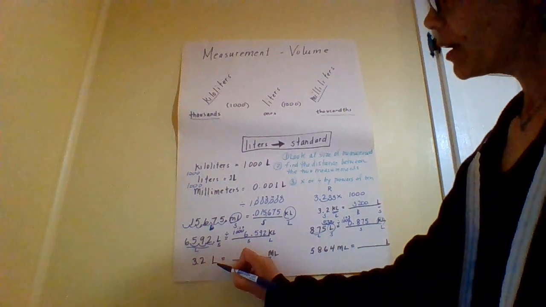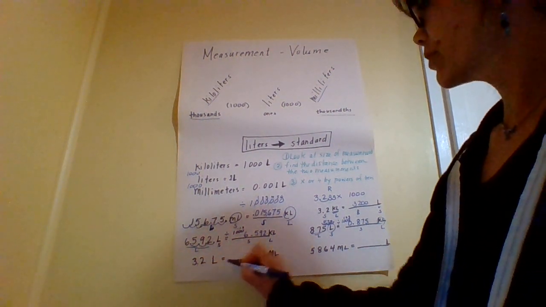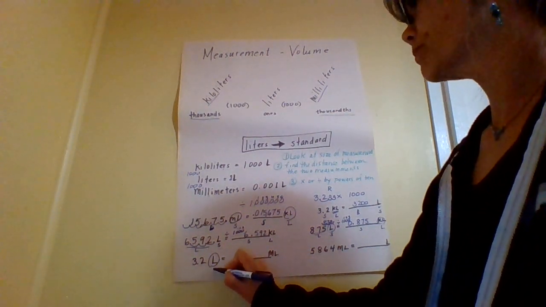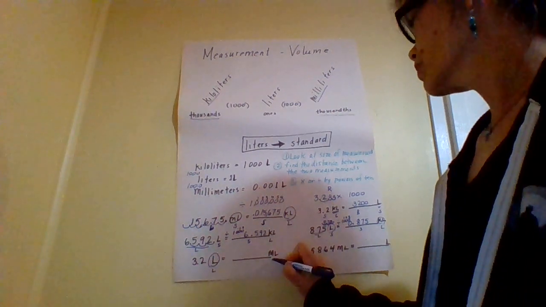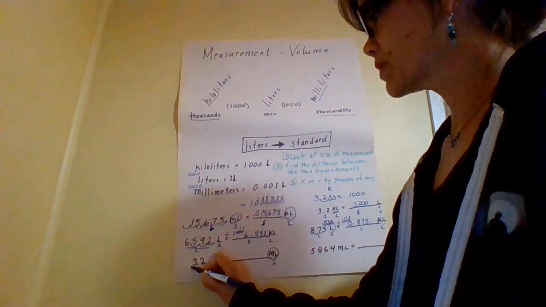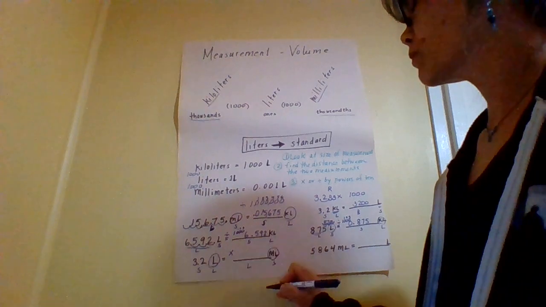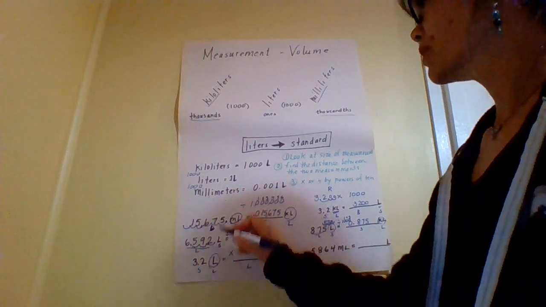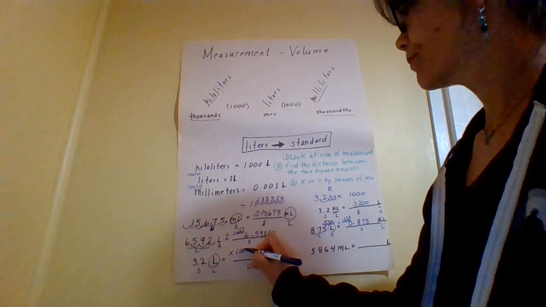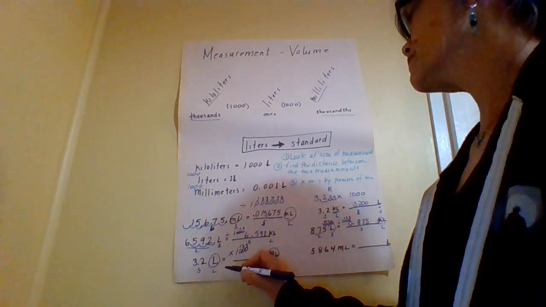Okay? And last two. We have 3 and 2/10 liters, and we're going to milliliters. So the liter is the bigger, larger measurement, and the milliliter is the smaller one. So we know that this is going to be the smaller number, and this is going to be the larger number, and that means multiplication. Then we look between liters and milliliters. It's 1,000, and that's 1, 2, 3 place value spaces.